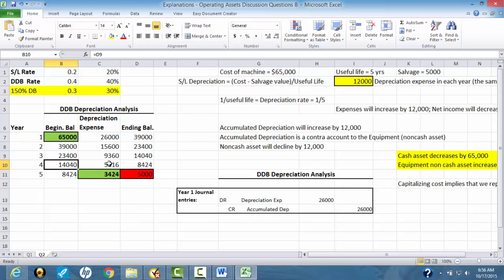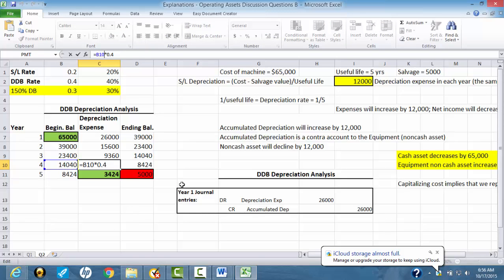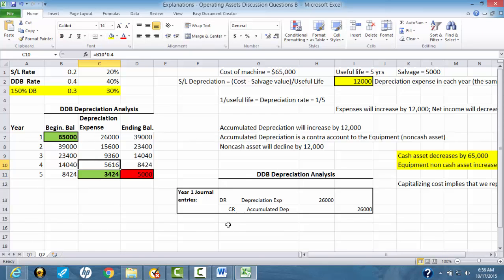It declines or depreciates by 40% again. So the depreciation expense is 5,616 and the ending balance is 8,424. Now, if the asset depreciates by 40% in the fifth year, depreciation expense will be 40% of 8,424, and that will give us 3,369.6.